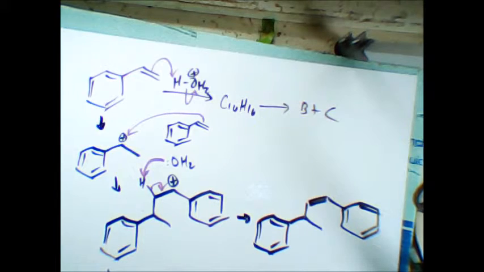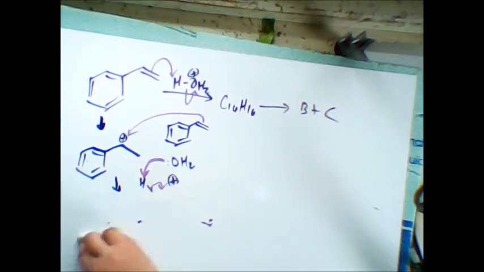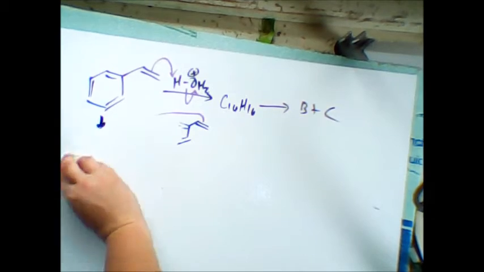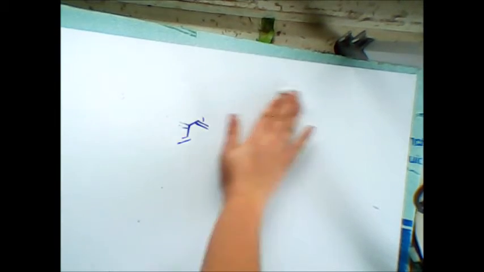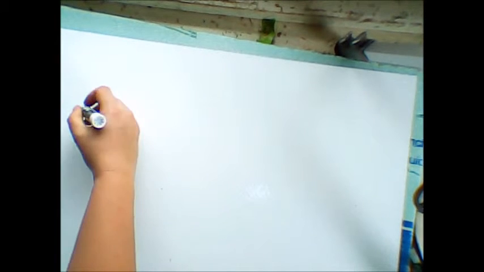Okay, so we still have an alkene, it's still in acid. I'm going to redraw our A up here and realize that A has cis and trans conformations.